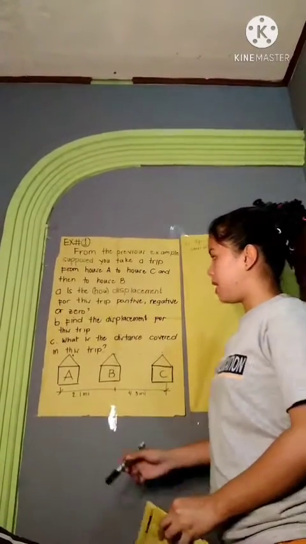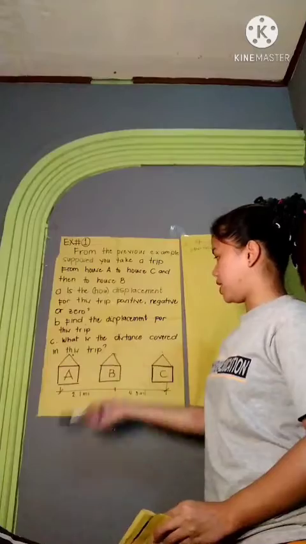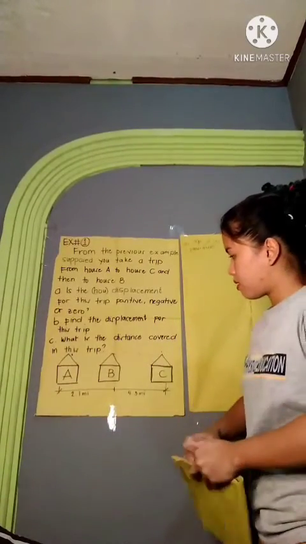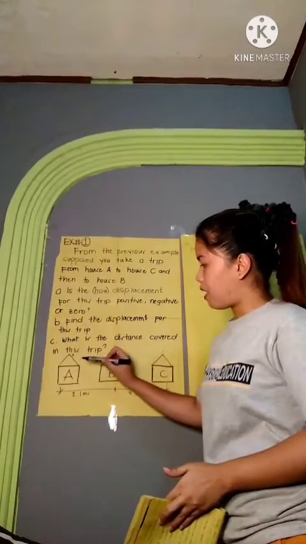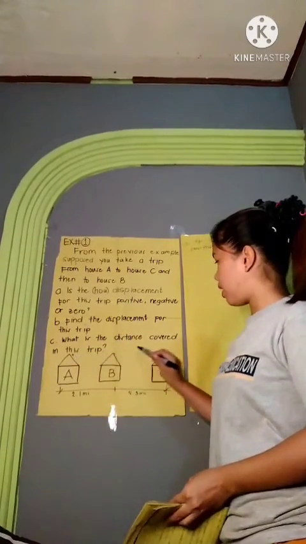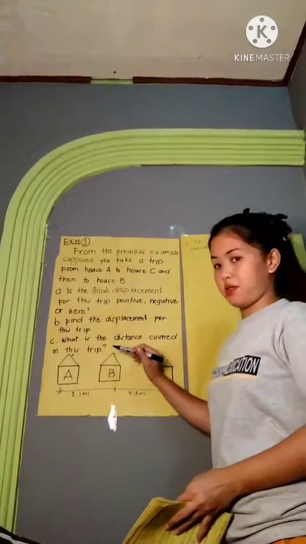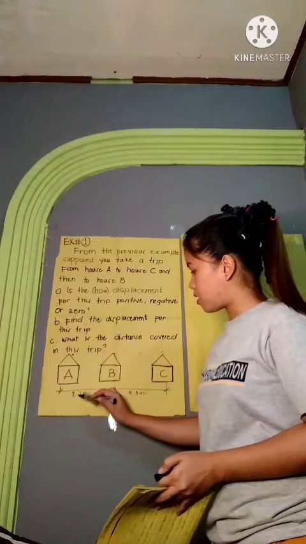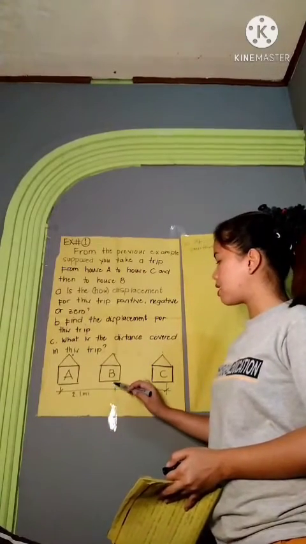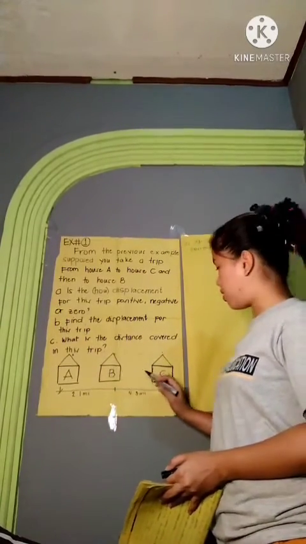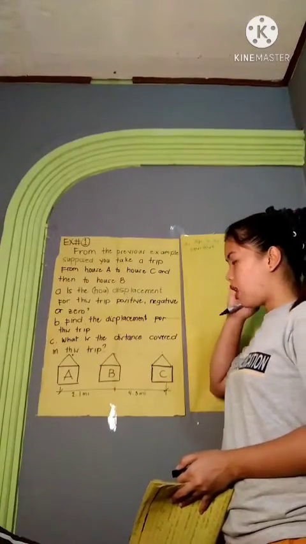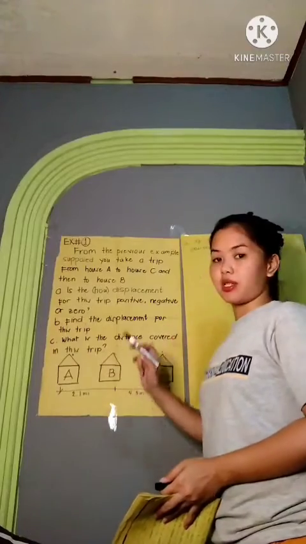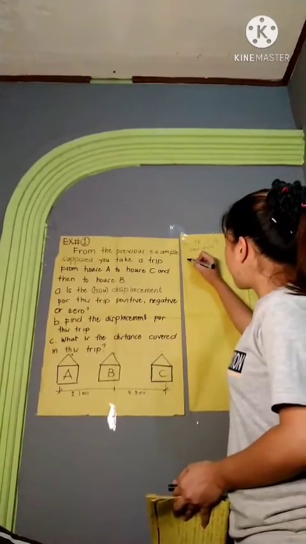B. Find the displacement for this trip. From house A to house C to house B. Ang distance ng house A to house B is 2.1 miles at ang distance ng house B to house C is 4.3 miles. Ang titingnan lang natin dito ay yung initial position at final position.